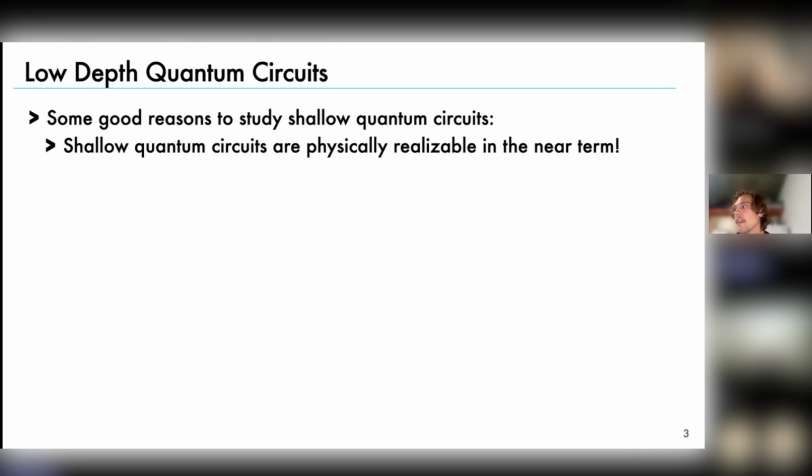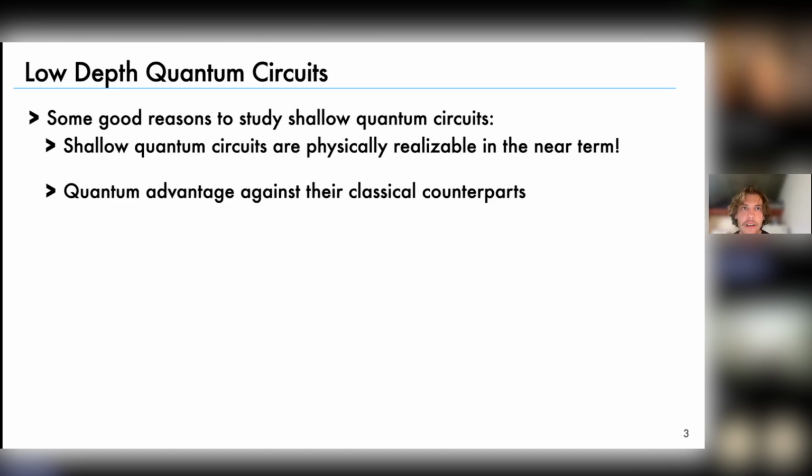The constant depth part is to be expected because of low coherence times in existing quantum computers, but the large gates part is new, in that experimentalists seem to be able to have these large entangling gates as native gates.